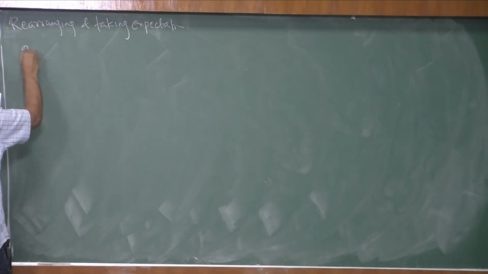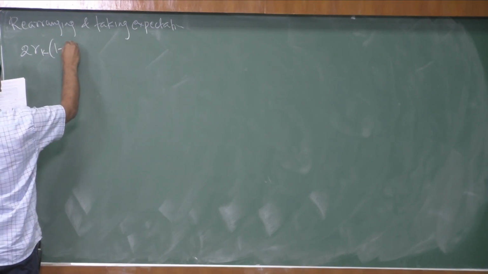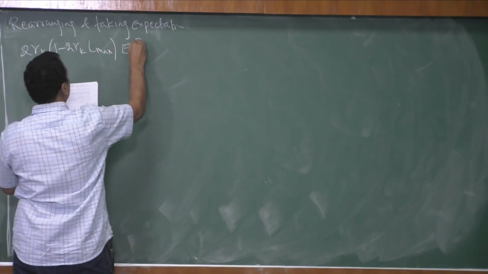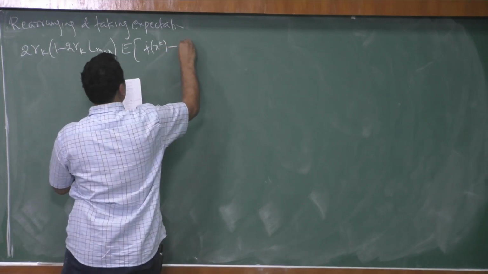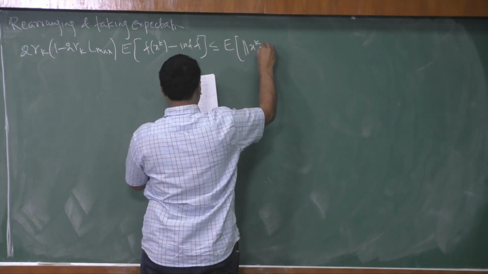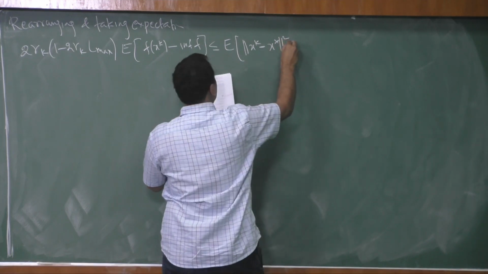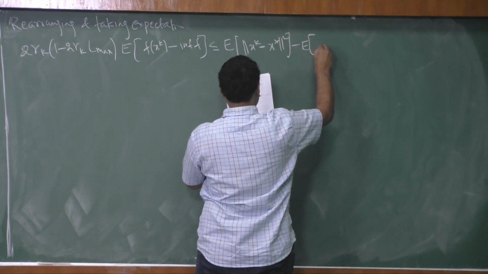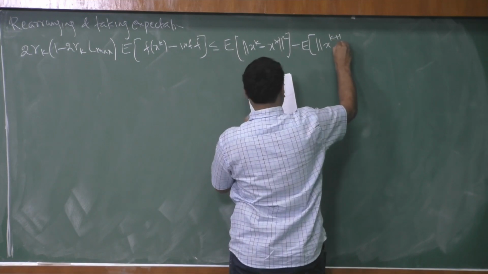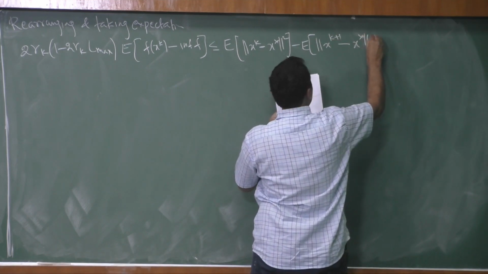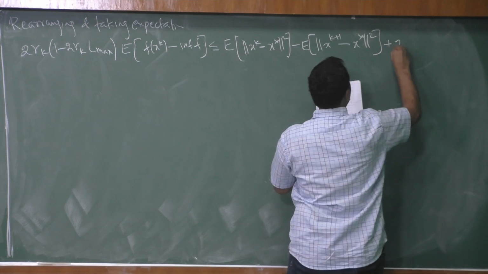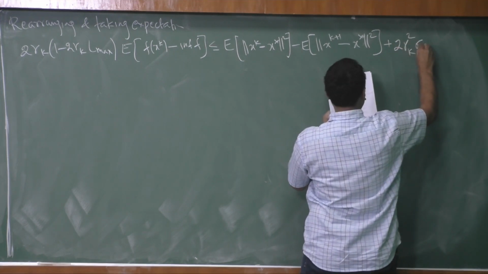Okay, so if we do that, then we have 2 gamma k times (1 minus 2 gamma k L max) times expectation of f(xk) minus infimum of f, and this is less than or equal to expectation of norm of xk minus x star squared, minus expectation of norm of x(k+1) minus x star whole squared, plus 2 gamma square sigma f star.